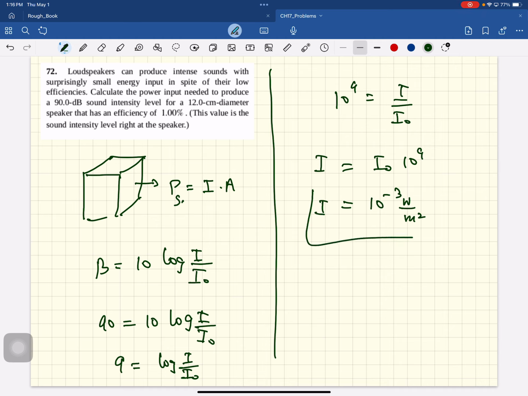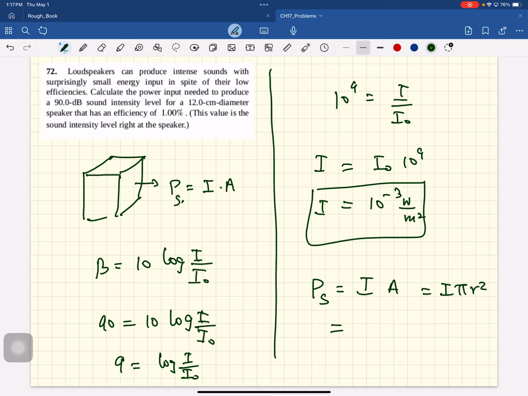So the intensity of sound, 90 decibel sound that you're producing right at the speaker, you're putting your ears to the speaker, is 10 to the minus 3 watts per meter square. And the power output of the speaker is intensity times the area, 12 centimeter diameter, so equal to I times pi r square.